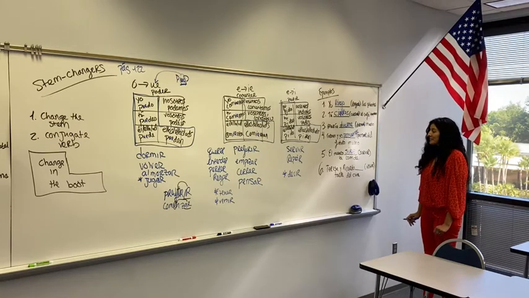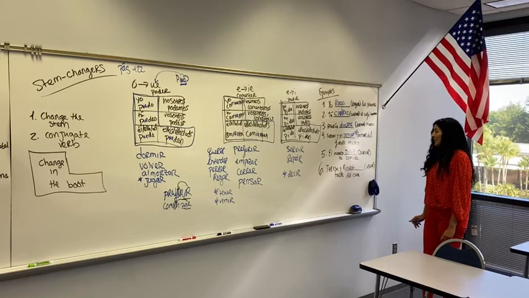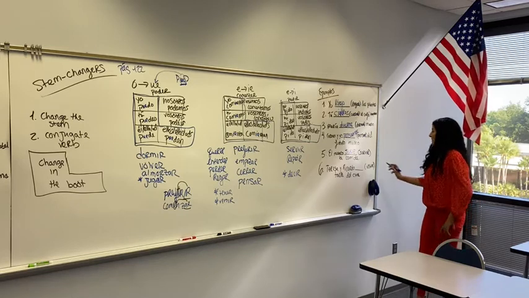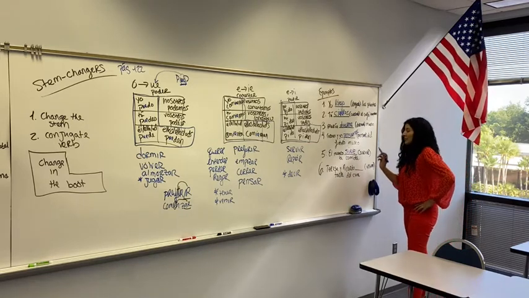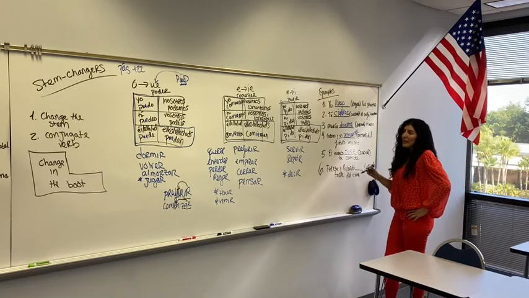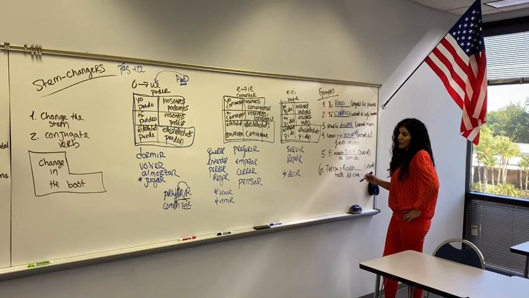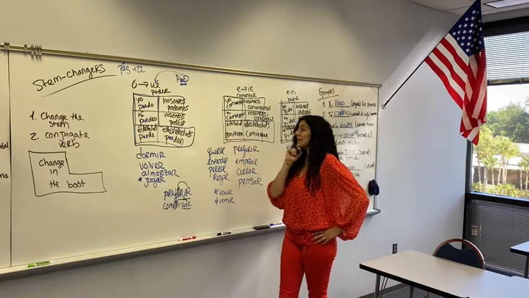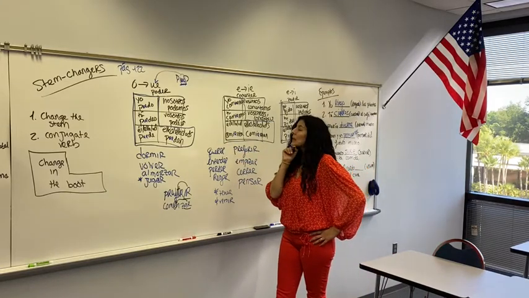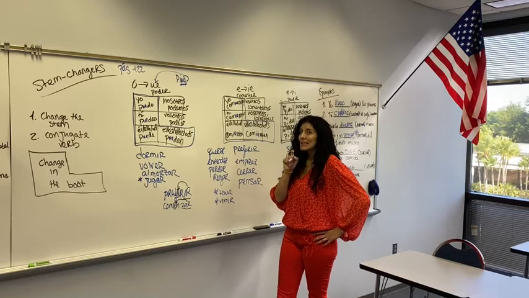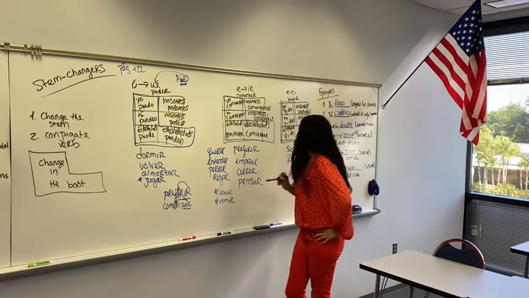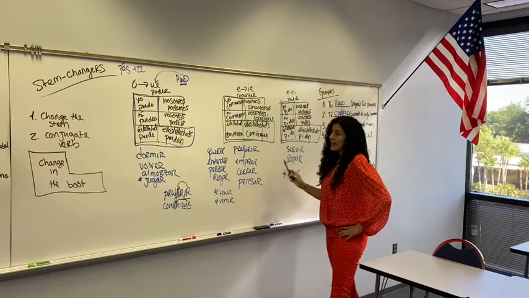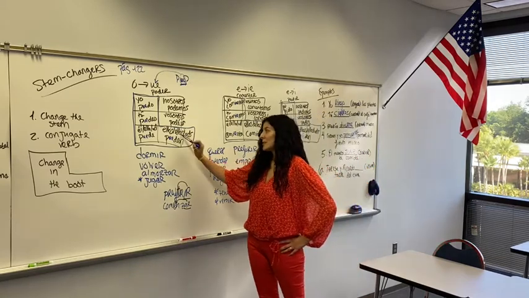Finally, Teresa y Ricardo volver tarde del cine. So I want to take off the ER, and I'm going to rewrite the root, but I remember volver is a stem changing verb, and I also remember that it's in the category of O to UE. So then I say to myself, okay, it's in the category of O to UE, but is it in the boot? Well, Teresa and Ricardo are a they, which in Spanish is ellos or ellas, right?